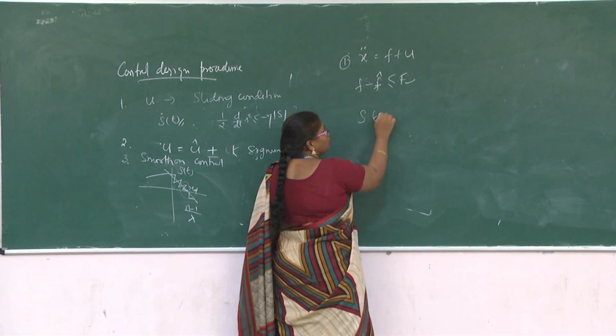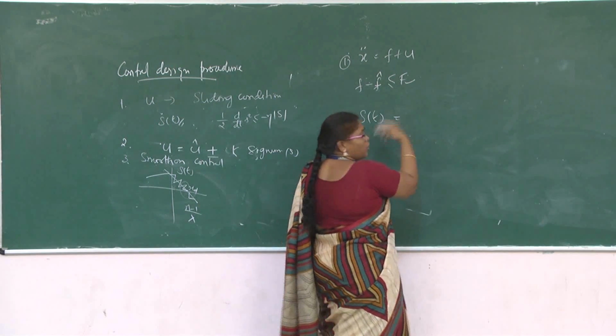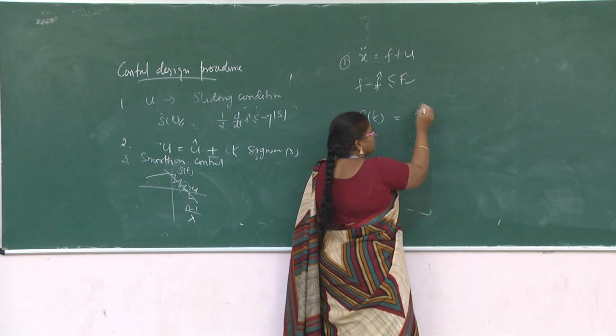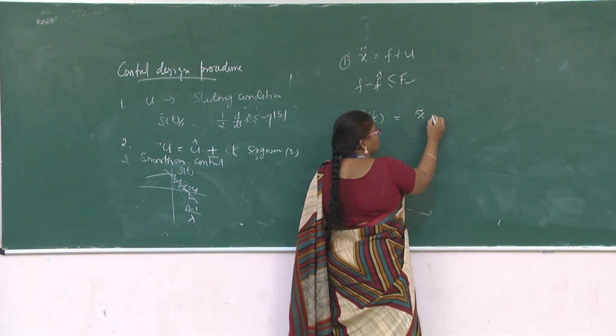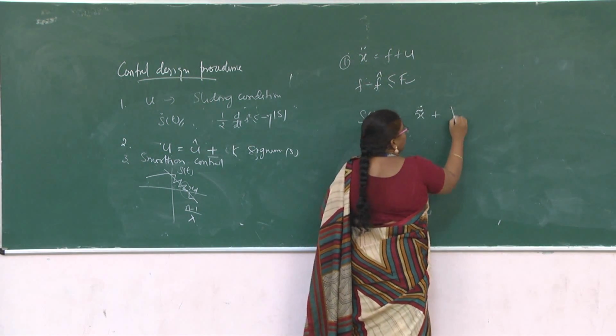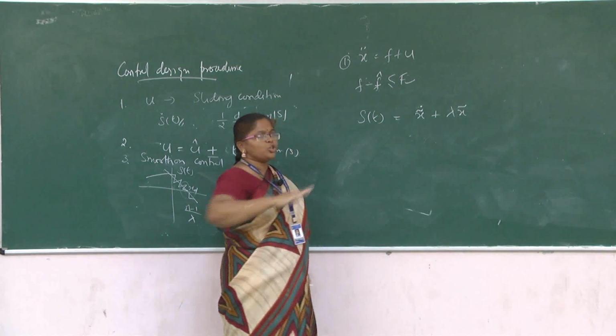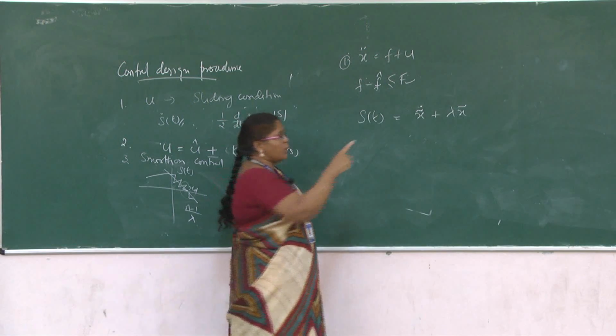First, we have to define s of t, which I have already shown, for a second order system it should be x bar dot plus lambda into x bar. I already told you that in order to have a control law, we have to differentiate this.